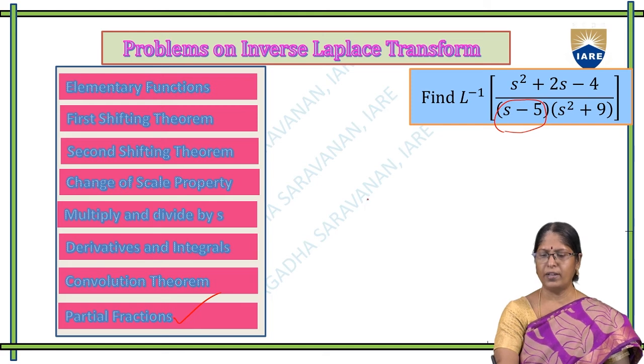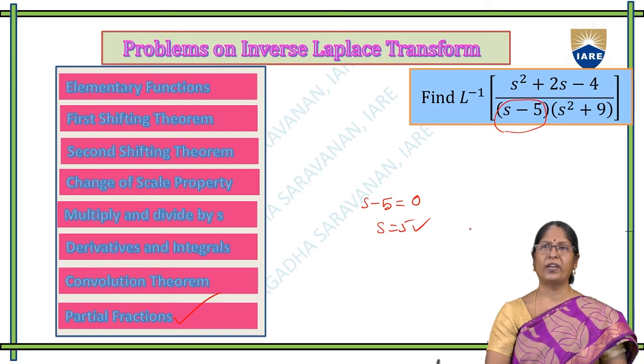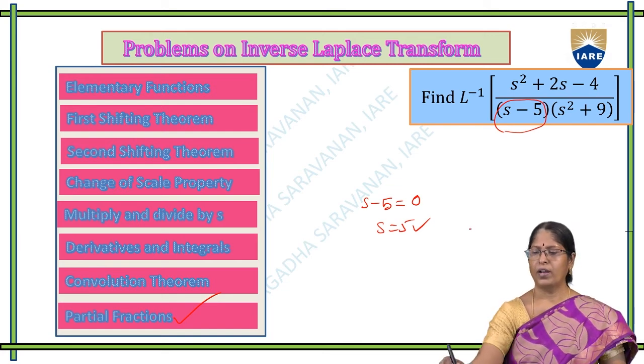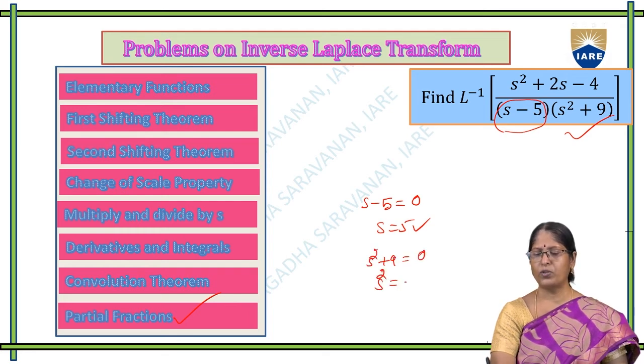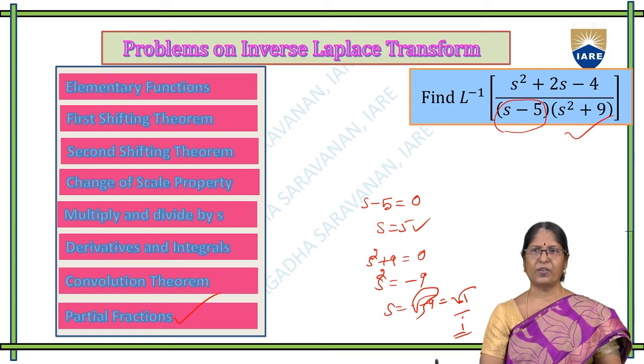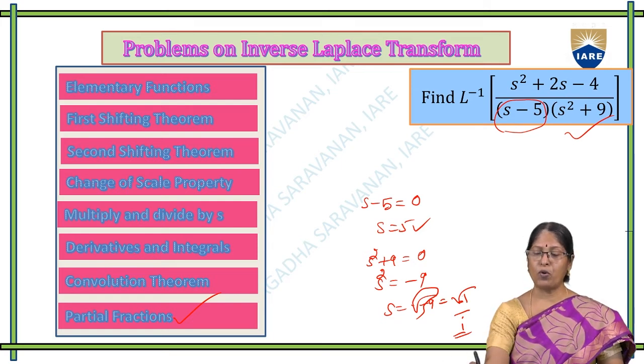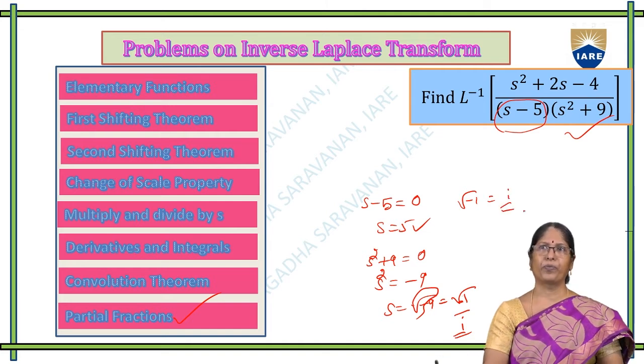In the denominator, s minus 5 equal to 0, s equal to 5, we get a real number. Then s square plus 9 equal to 0, s square equal to minus 9, s equal to square root of minus 9. We get the root of minus 1, which is nothing but i, so the square root of 9 is 3. So the square root of a negative number, we know it is a complex number.